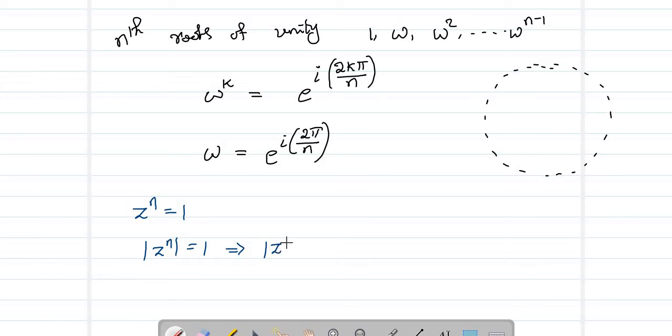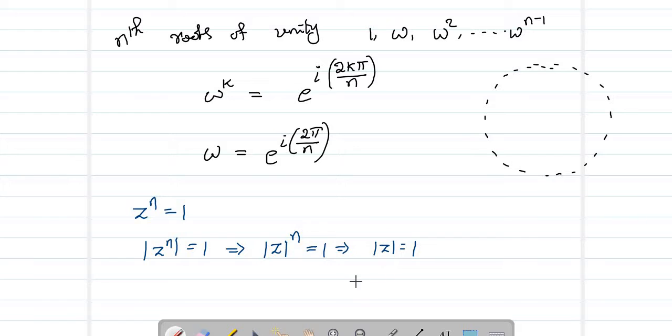Using that property, I can write this as mod z power n equal to 1. So this implies mod z equal to 1. So if z satisfies this equation, then definitely the absolute value of z is 1.